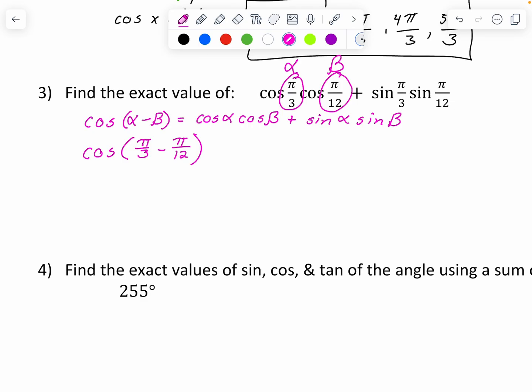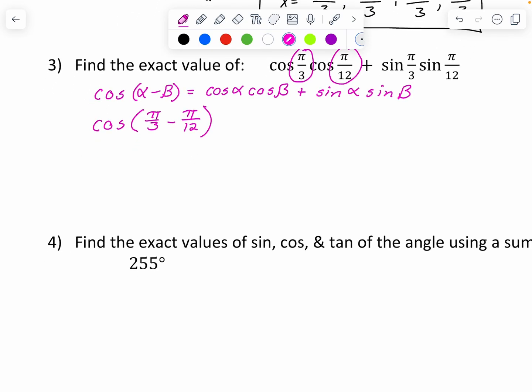Now we want to go ahead and try to simplify this. In order to combine these fractions, they need a common denominator. Therefore, I'm going to multiply this by 4, which means the top gets multiplied by 4. So then this is going to become cosine of 4 pi over 12 minus pi over 12.